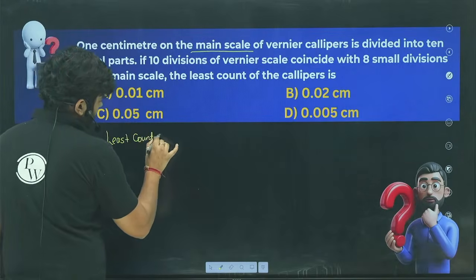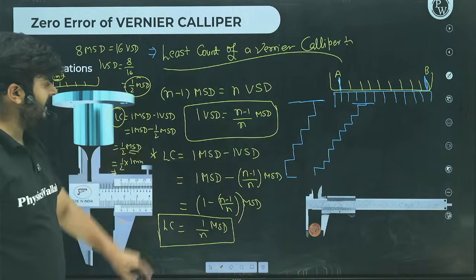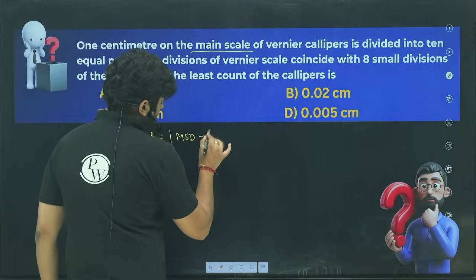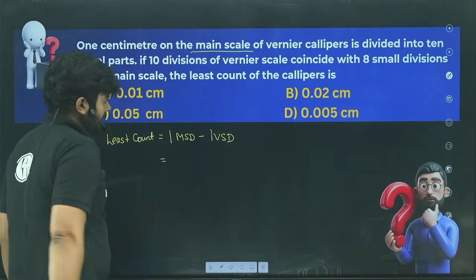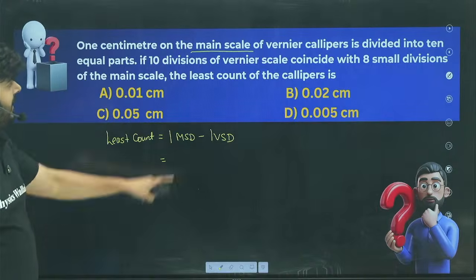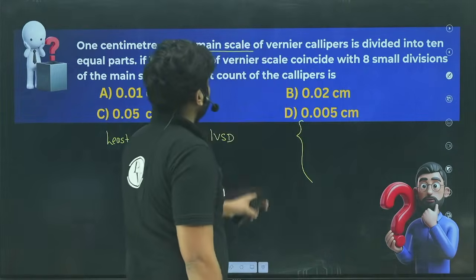The least count of a Vernier caliper is simply the difference of one main scale division and one Vernier scale division. So what is one main scale division over here? From here I can do the side calculation.